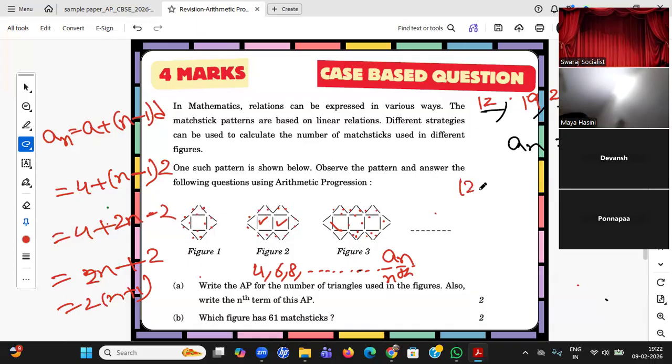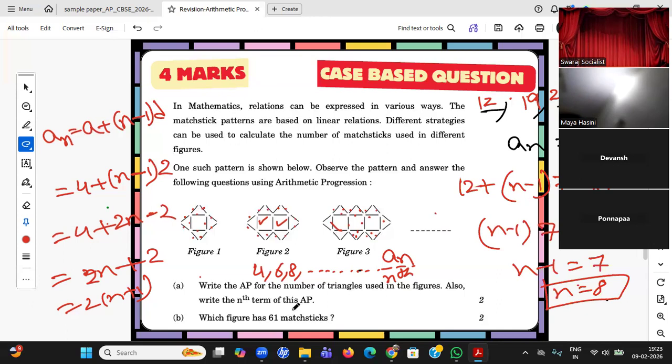So a plus n minus 1 into d is 61. n minus 1 into 7 equal to 61 minus 12, that is 49. n minus 1 equal to 49 by 7, which is 7. Yes, absolutely right answer, Fadila. n equal to 8.